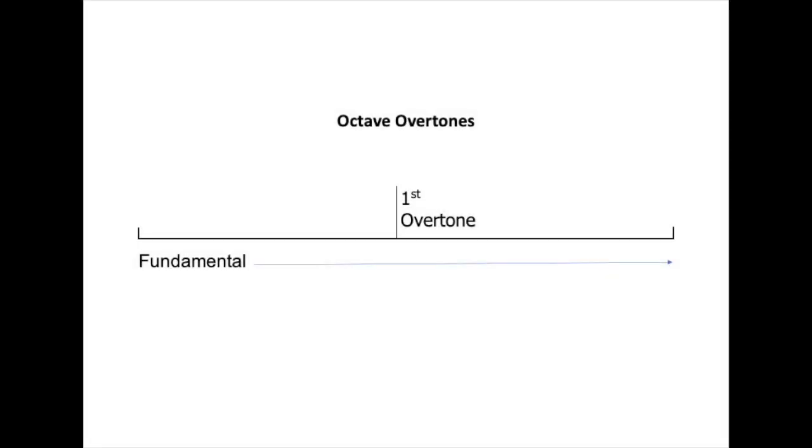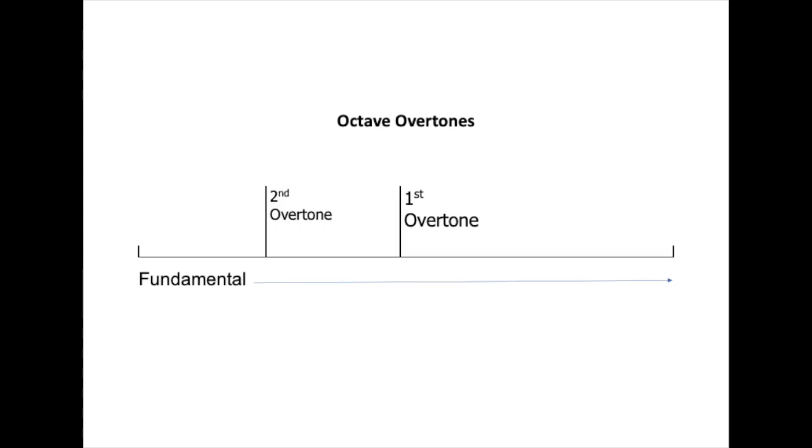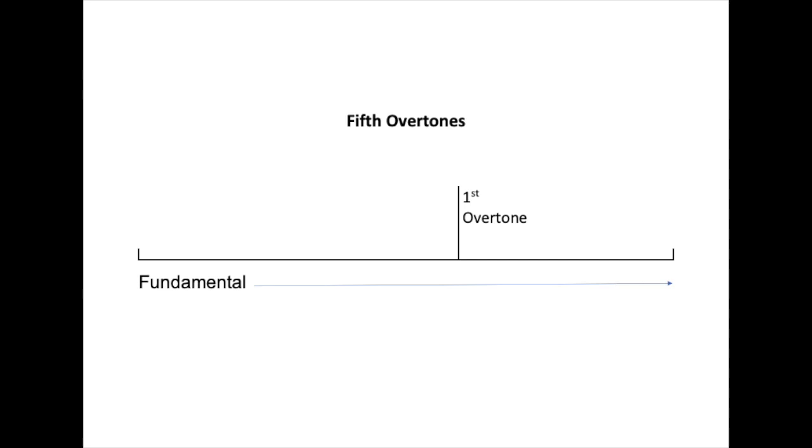If we imagine a perfectly vibrating string that can sound all of its overtones, the first overtone would be the octave. This octave overtone would have its own overtone of an octave, etc. For the fifth overtones, the second overtone would be an octave plus a fifth.